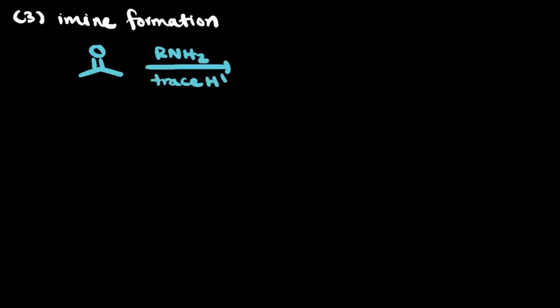And you want to use some sort of trace acid, such as maybe trace concentrated hydrochloric acid or something like that. Okay, your final product will end up being this imine that you see right here. Basically, you have a carbon-nitrogen double bond.